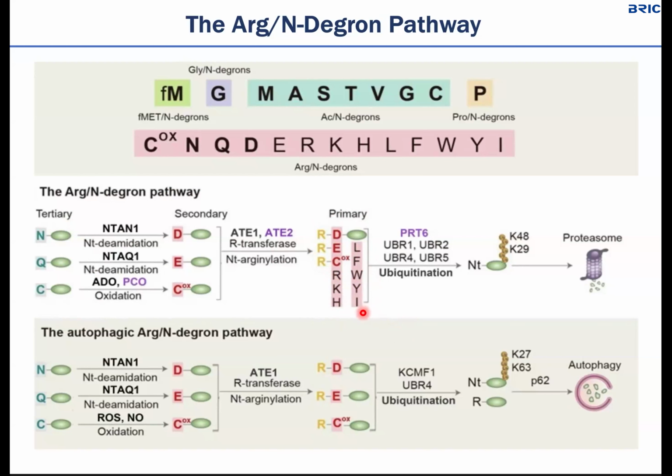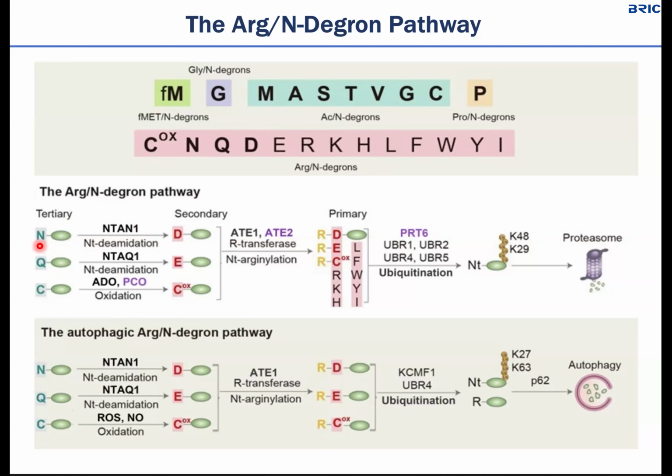In addition to the arginine residue that is naturally found after N-terminal methionine cleavage or at the beginning of C-terminal fragments, specific amino acid residues can be post-translationally conjugated with N-terminal arginine.